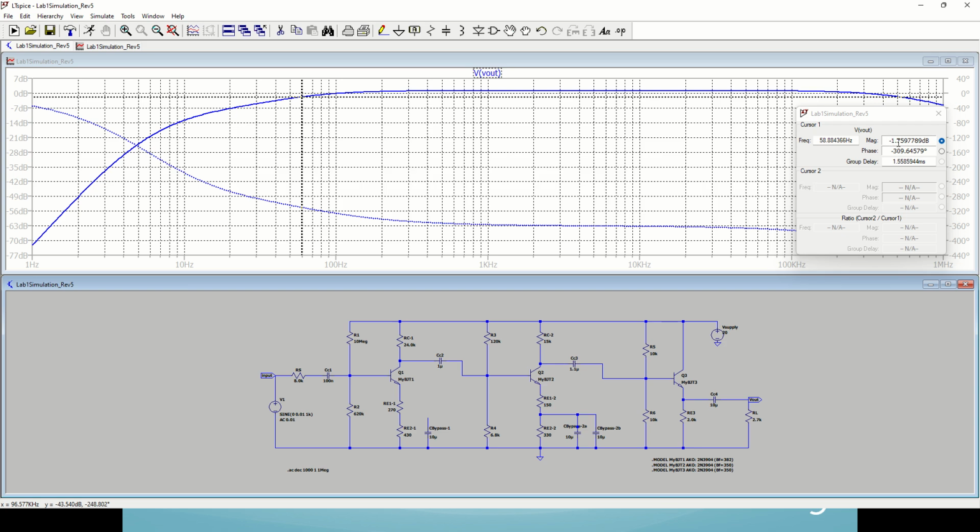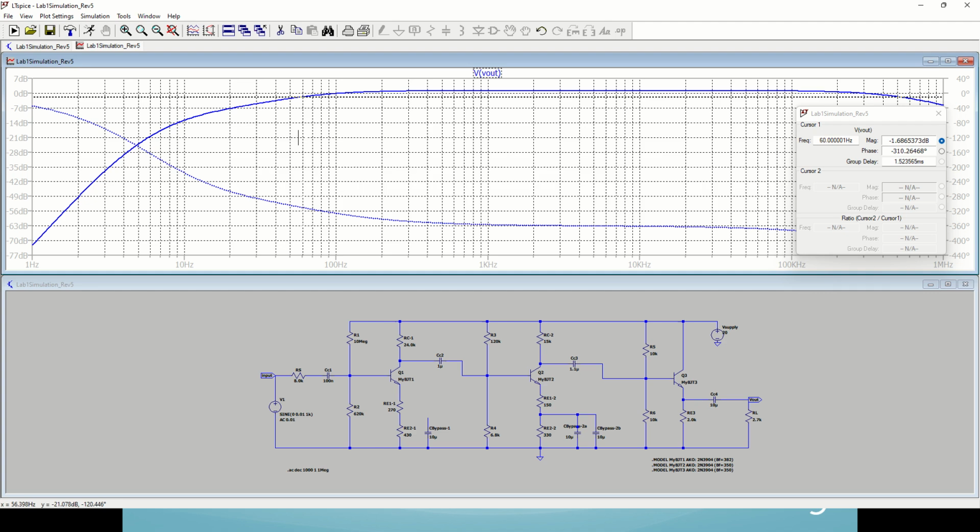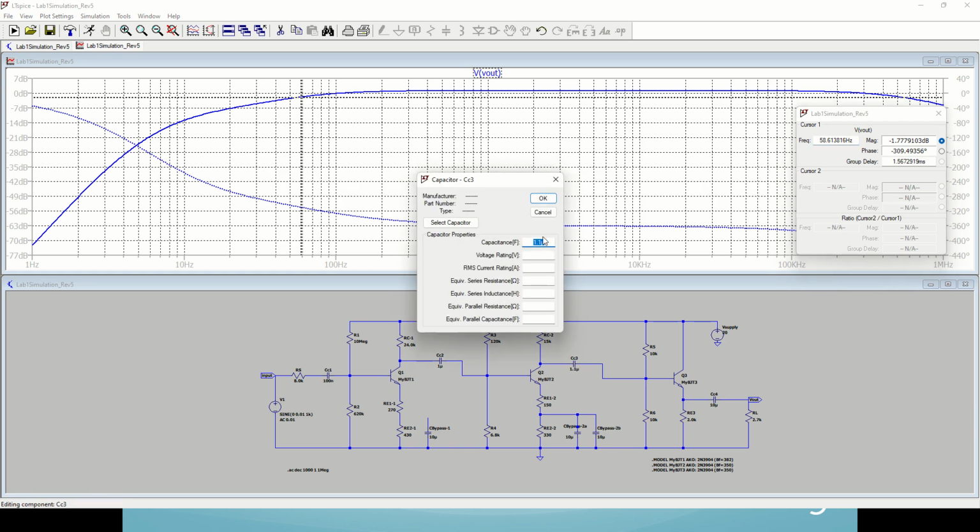So now we're at negative 1.76. So then we can decrease the frequency response a little bit, and it went down a little bit. So now we're at 58.61. Okay. So that's what I mean by dominant.